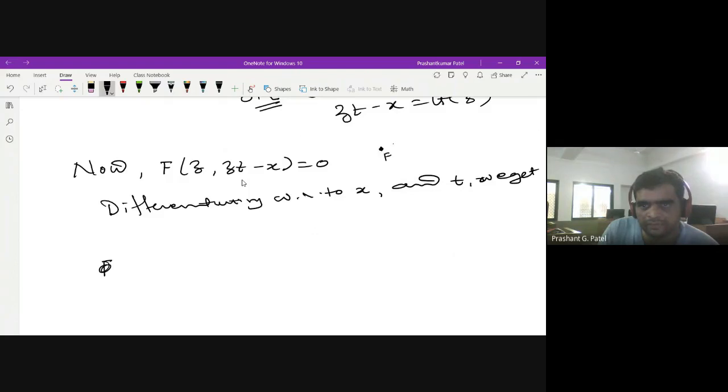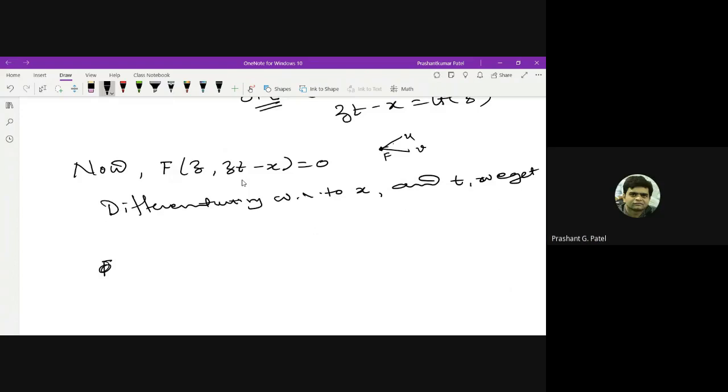F is a function of two variables, u and v. And u and v are functions of three variables x, t, z. z is a function of x and t here. So this is the situation you have. So it is del f by del u, in bracket, del u by del x. So that will be three ways.